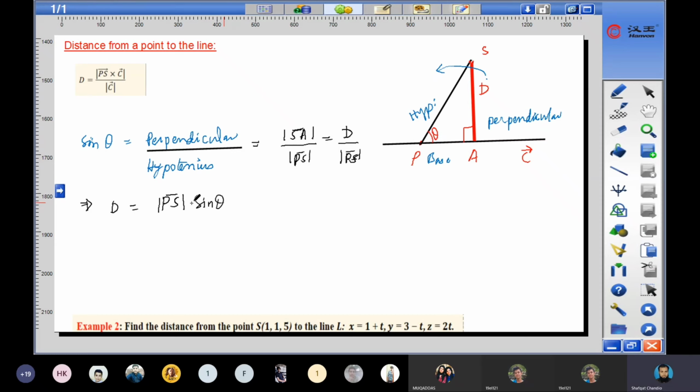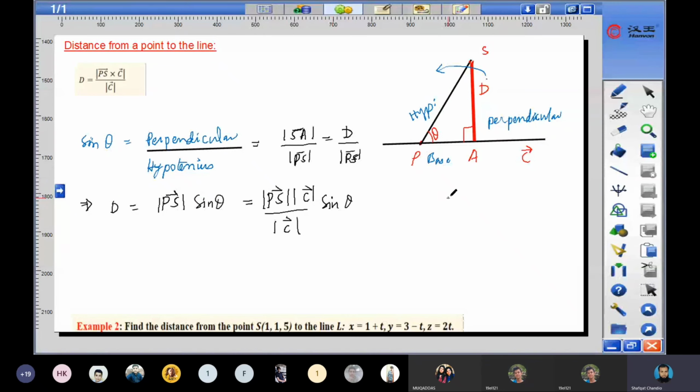If we suppose this PS is a vector, then we can write this in this way, the magnitude of the vector PS sine theta. So now furthermore, we multiply and divide by the vector C, because that is given to us. So we shall use this vector and multiply and divide by the magnitude of the vector C into sine theta.